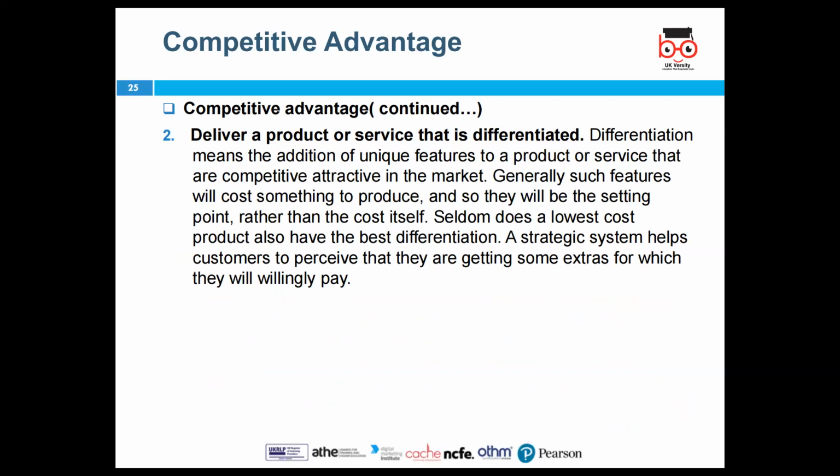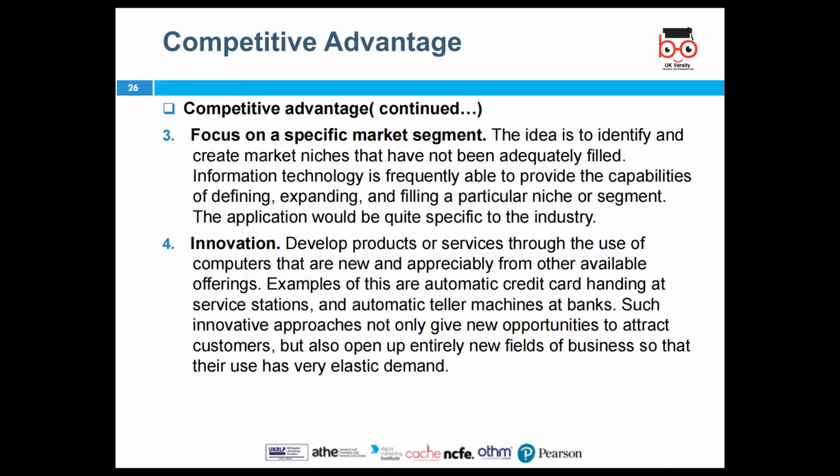So we're now going to diversify our platform and where we're going to sell our product. We could also focus on a specific market segment. So we now identify our audience and who are going to be our potential customers. Also, we need to look into innovation.